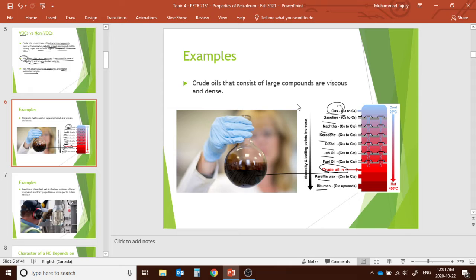We get gas, C1 to C4, gasoline, C5, C6, naphtha, C6 to C10, kerosene, C10 to C16, diesel, C16 to C20, lube oil, C20 to C30, and fuel oil, C30 to C40. The paraffin is C40 to C50, where C means the carbon chain, as you know, and bitumen is C50 and upwards. So we have a wide range of compounds in crude oil, depending on the type of crude oil.